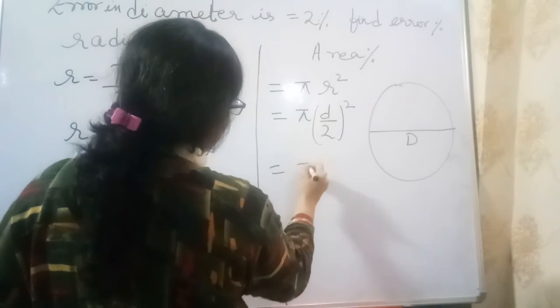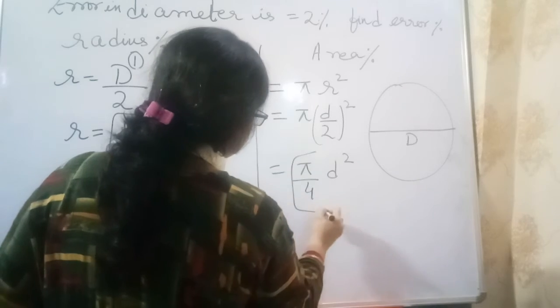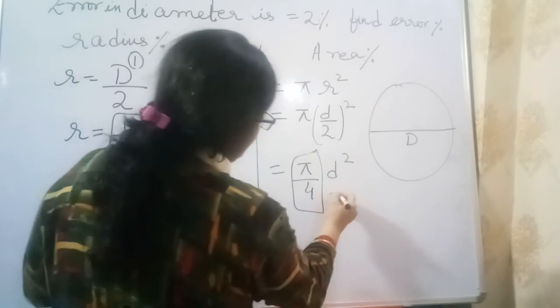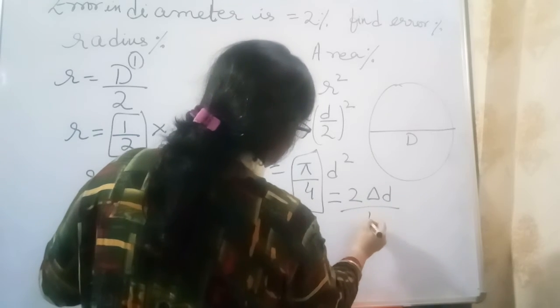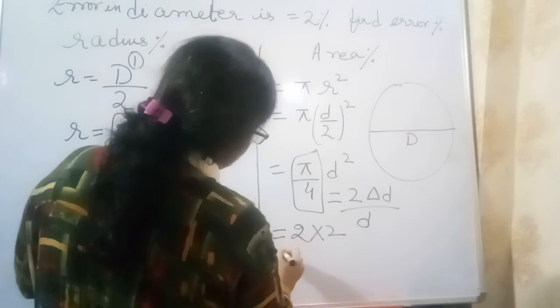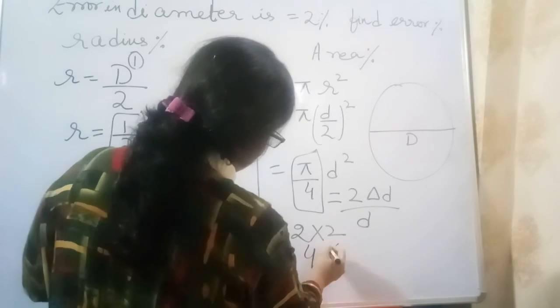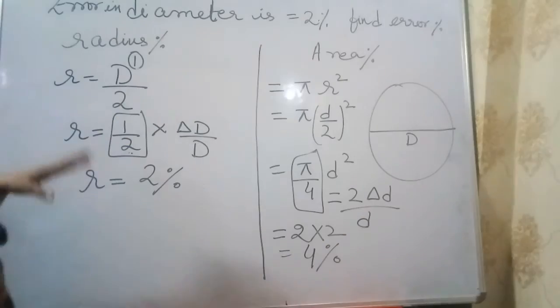That means we have pi by 4 d squared. So this is the constant, we ignore it. And for error analysis we have 2 delta d over d. That means here we multiply by 2, 2 times 2, that is 4%. So there is a difference between these patterns.